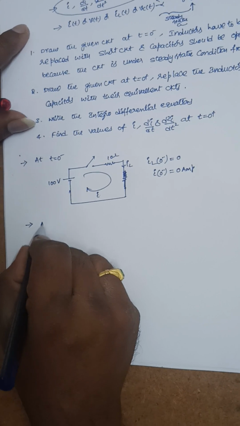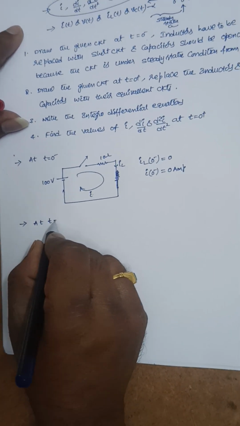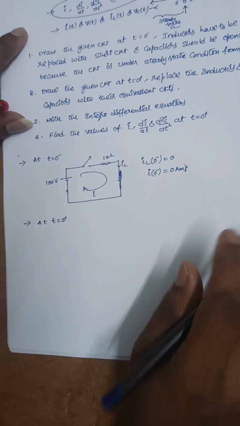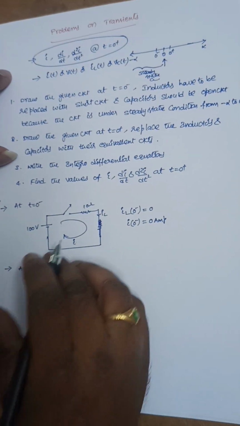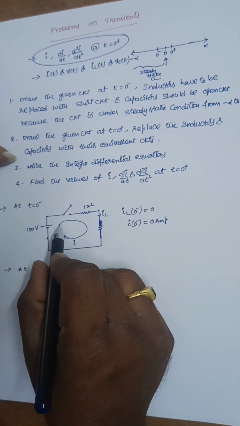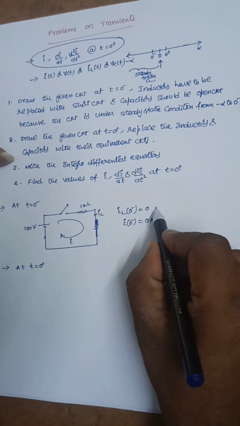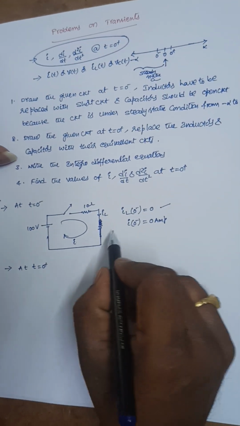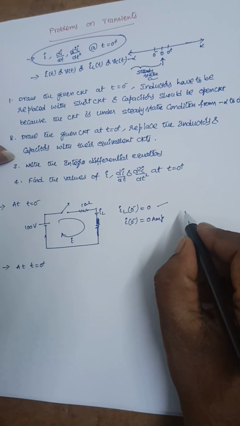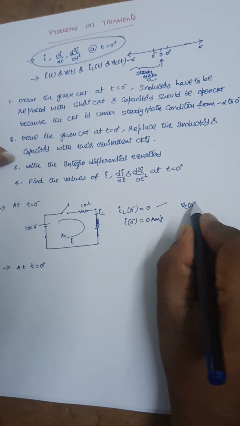Next step here is, I need to draw the circuit at t is equal to 0 plus. And I forgot to say here that this was t is equal to 0 minus. After drawing this circuit, we need to find the currents through the inductors at t is equal to 0 minus, or if there is a capacitor, the voltages across the capacitors, that is Vc of 0 minus.